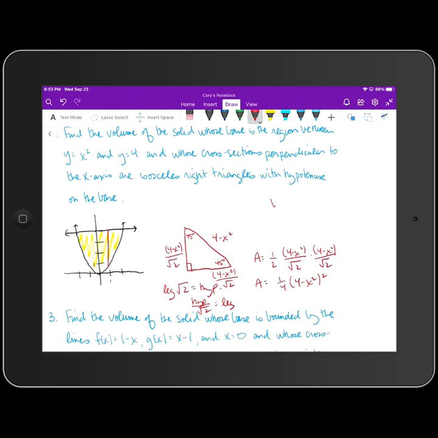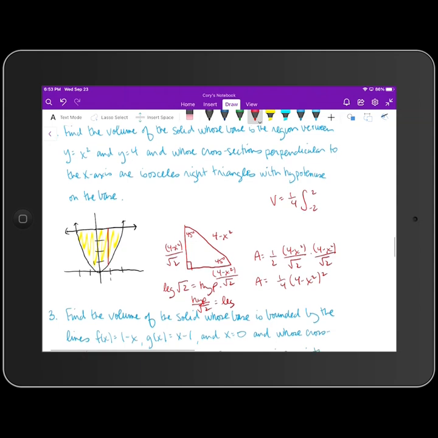So if we want to write an expression to calculate volume, I'm going to pull 1/4 out front. And then we're going to integrate from -2 to 2, because that's the x values which enclose that area, of the area of the cross section, which is 4 minus x squared quantity squared, which we are integrating with respect to x.